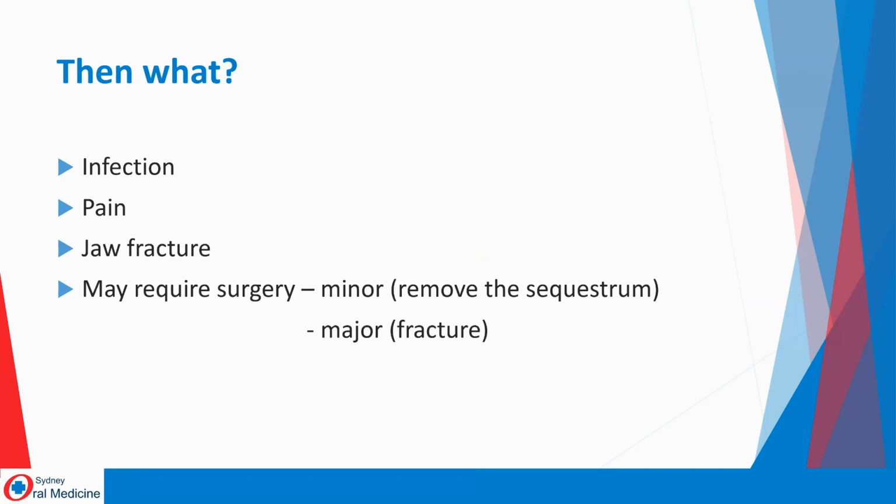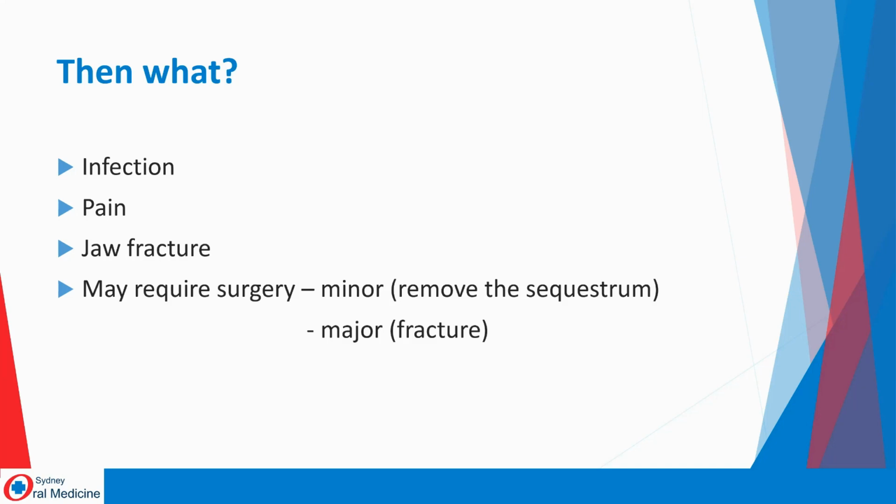So what happens to these patients when they've got this exposure? Very commonly, as you know, the mouth is full of bugs, and once there is a breach in the lining of the mouth, the bugs from the mouth can then enter and cause a significant infection. That then causes pain and swelling. In severe cases, patients can actually develop fracture of the jaw.